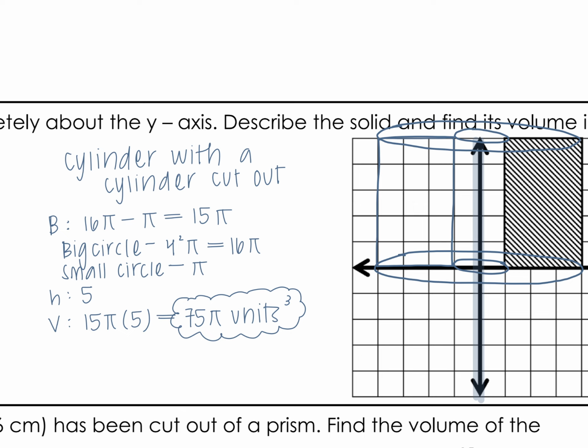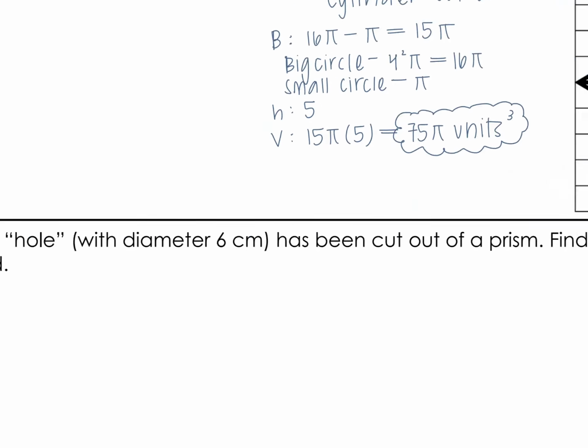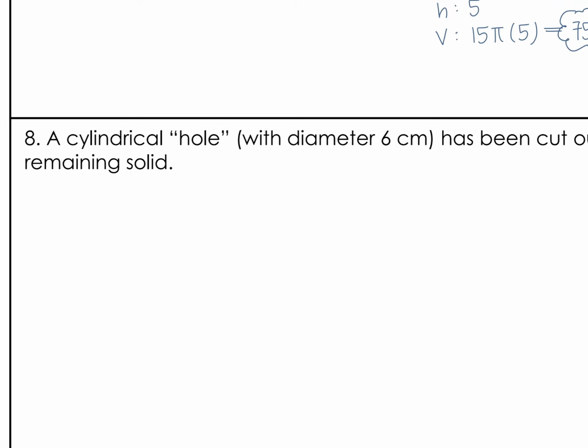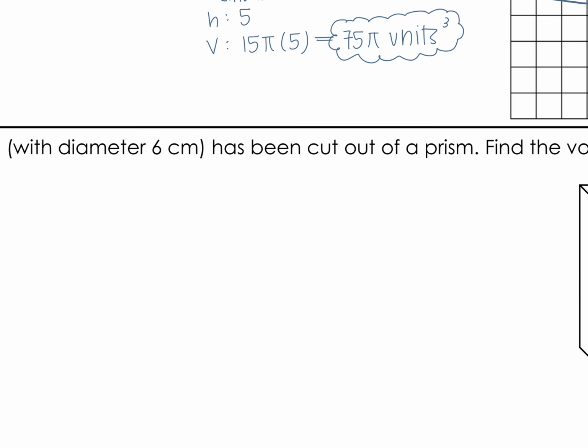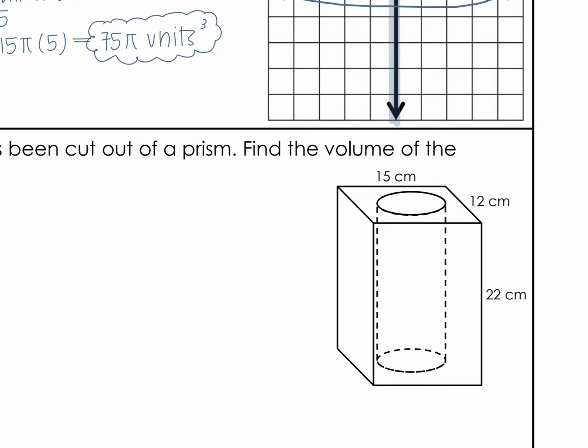All right, so moving into our last problem, we have here that a cylindrical hole with a diameter of 6 centimeters has been cut out of a prism.